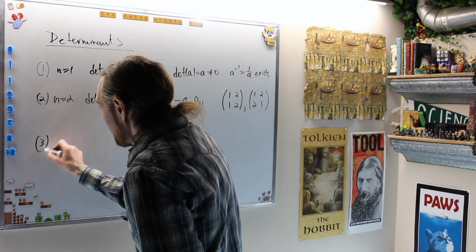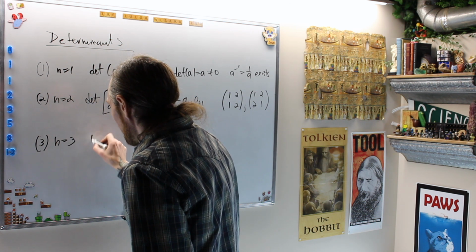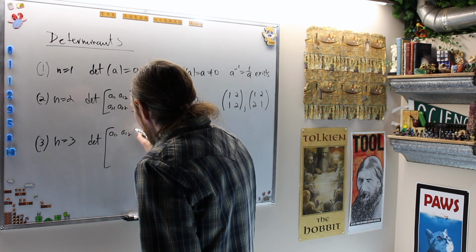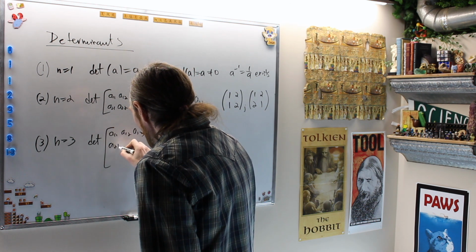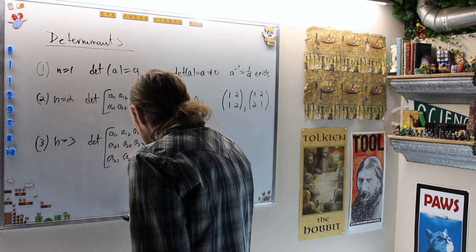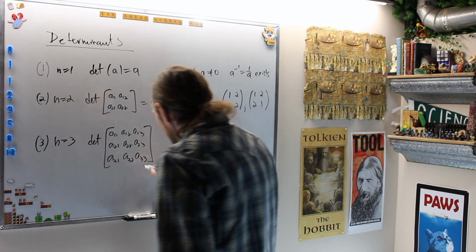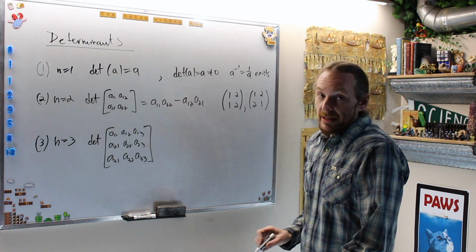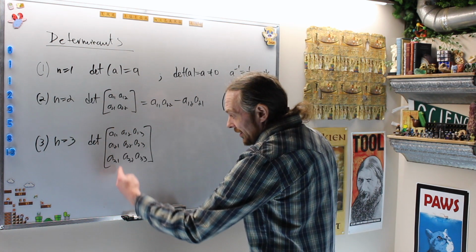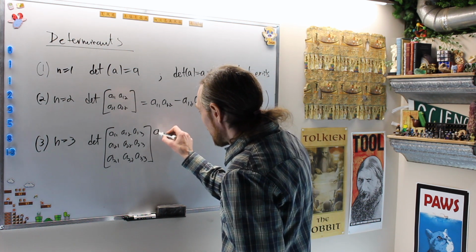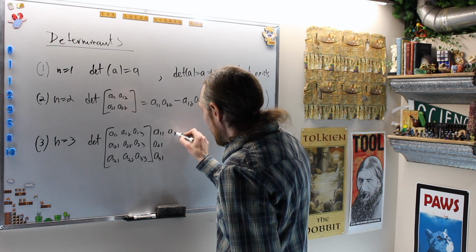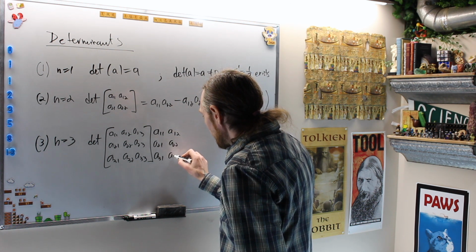For 3, when n equals 3, oh, here we go. The determinant of a11, a12, a13, a21, a22, a23, a31, a32, a33 is equal to what? Oh, I can't do it without the trick. In the Nine Chapters on the Mathematical Art, they write down the first 2 columns again: a11, a21, a31, a12, a22, a32.